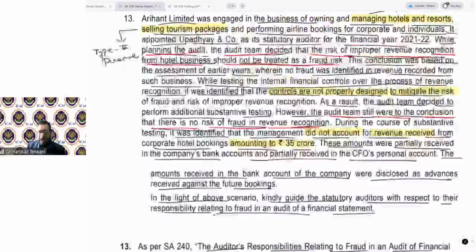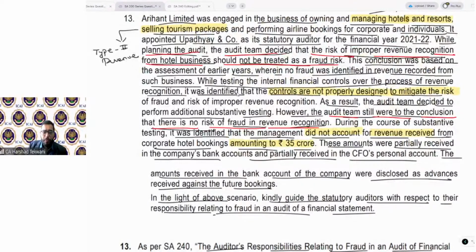So here, the controls were not properly designed to mitigate the risk of improper revenue recognition. So there was a deficiency in control. Now, I already identified the deficiency in control.